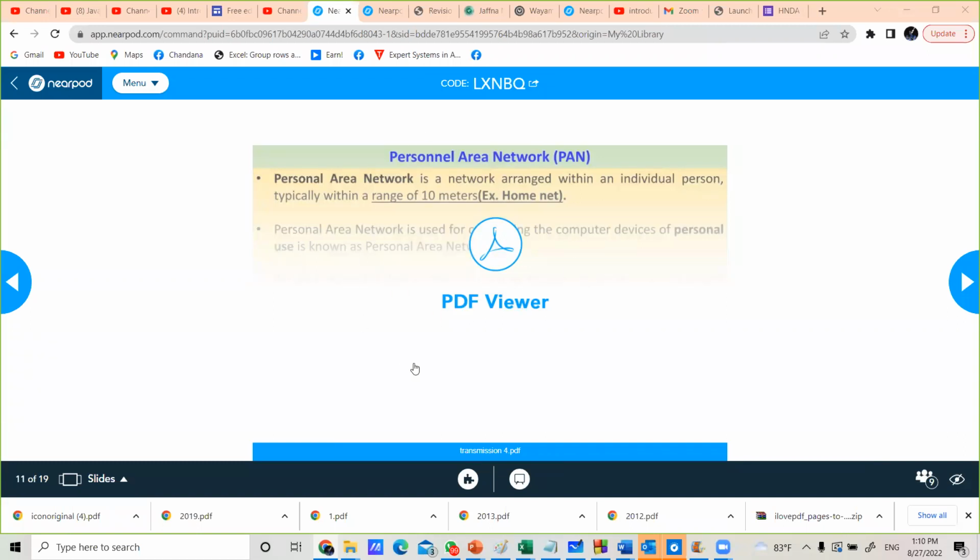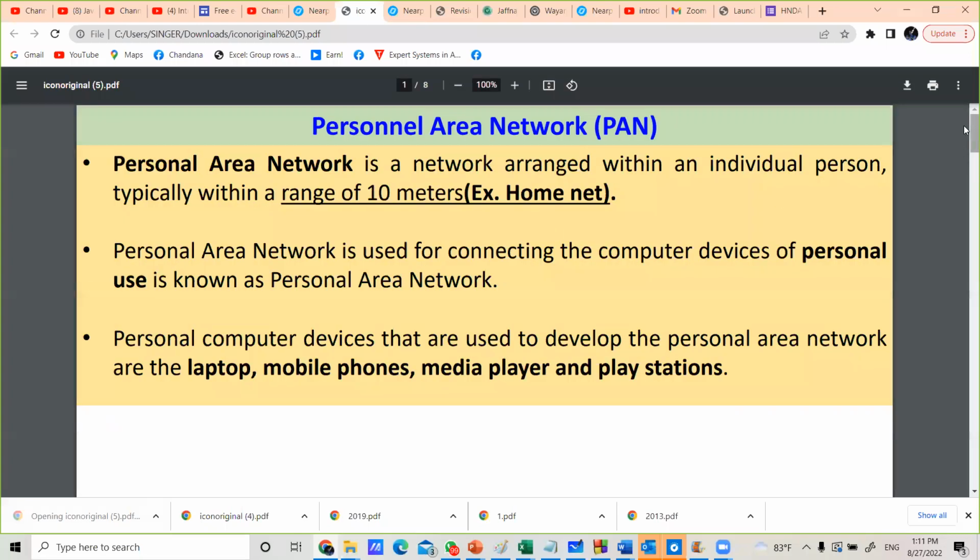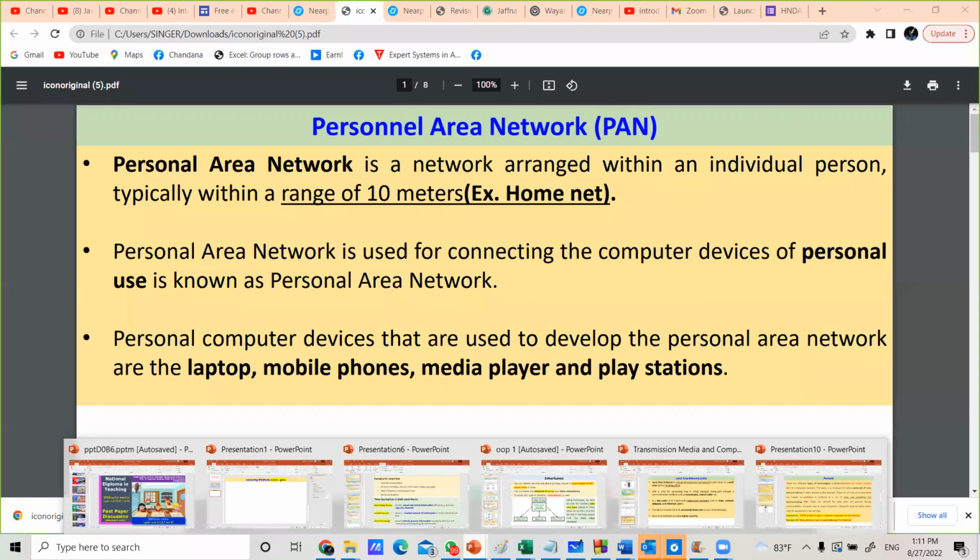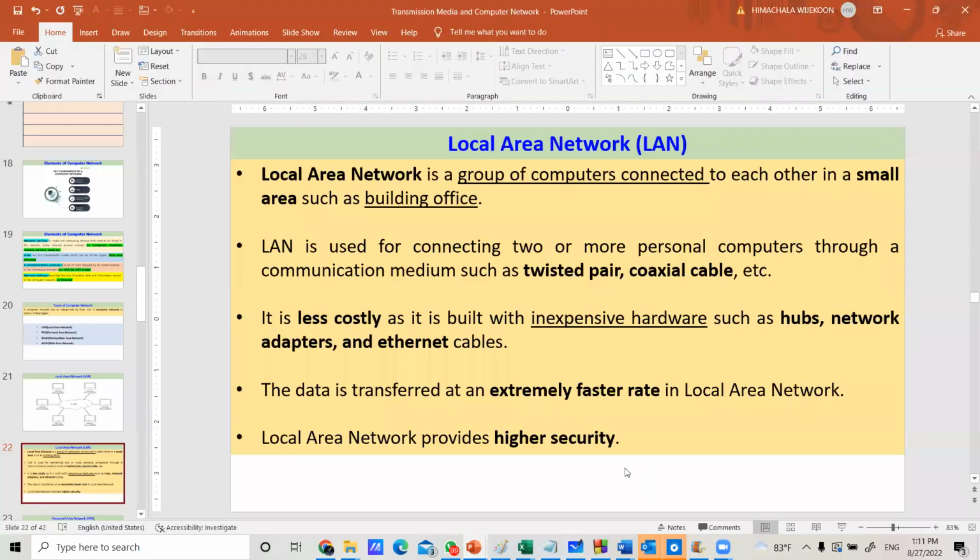Right, this is the document I am going to start with today. Try to download it to your computer. Right, local area network we already discussed last week. Remember what is a local area network.